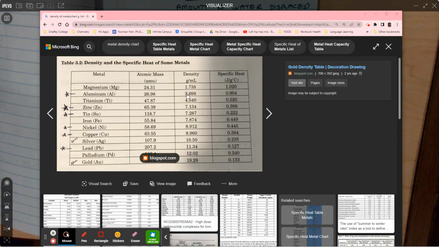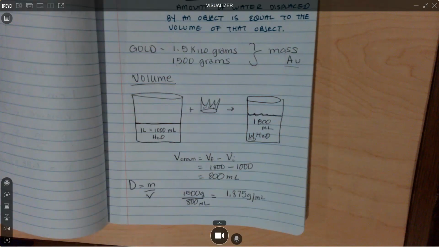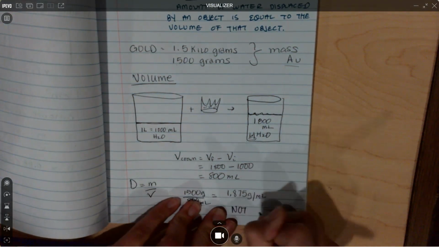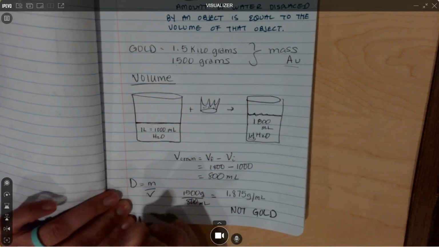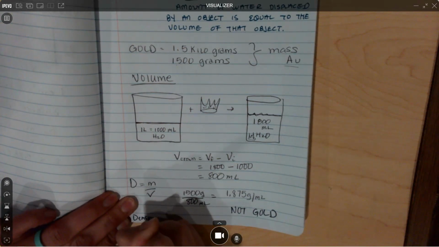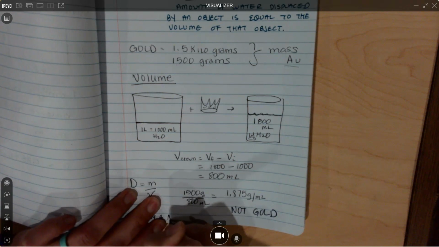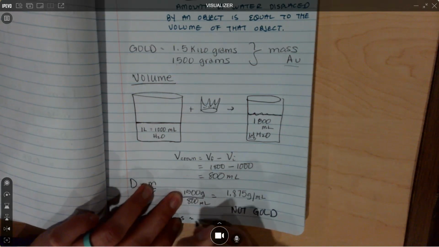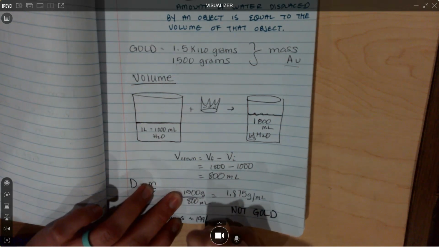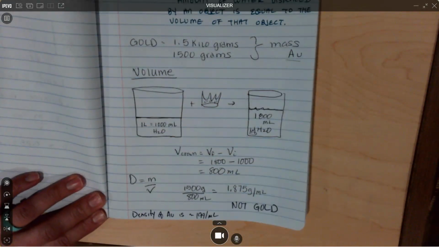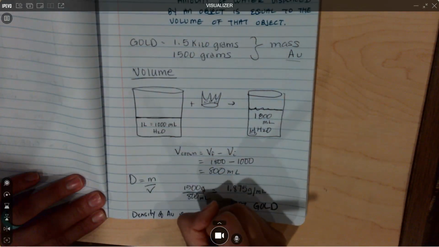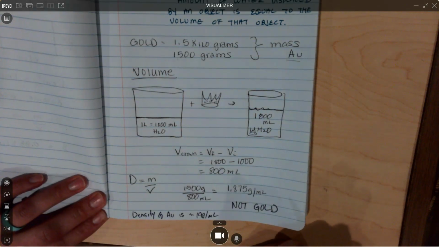Not even aluminum. Wow, magnesium metal. And he probably just brushed it off or coated it with gold. So this is not gold. The density of gold is approximately 19 grams per milliliter.